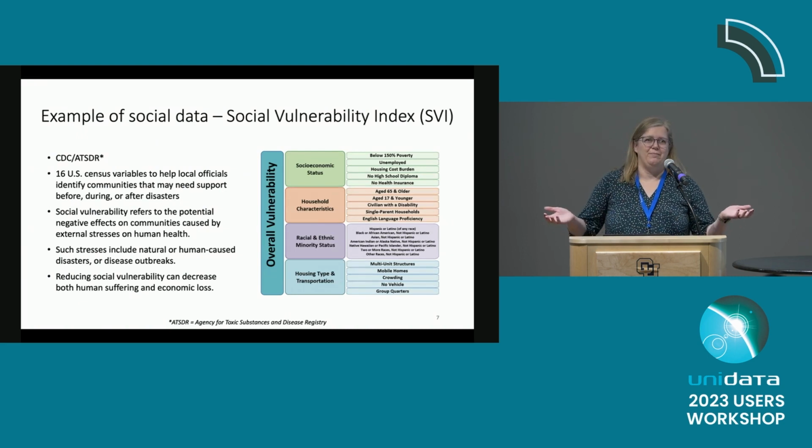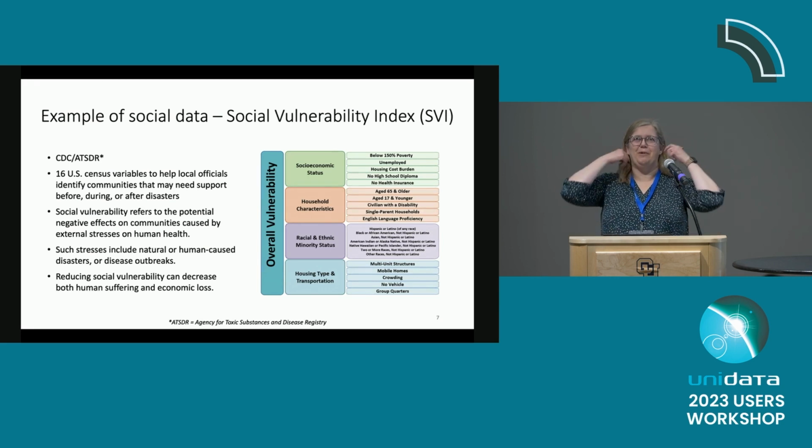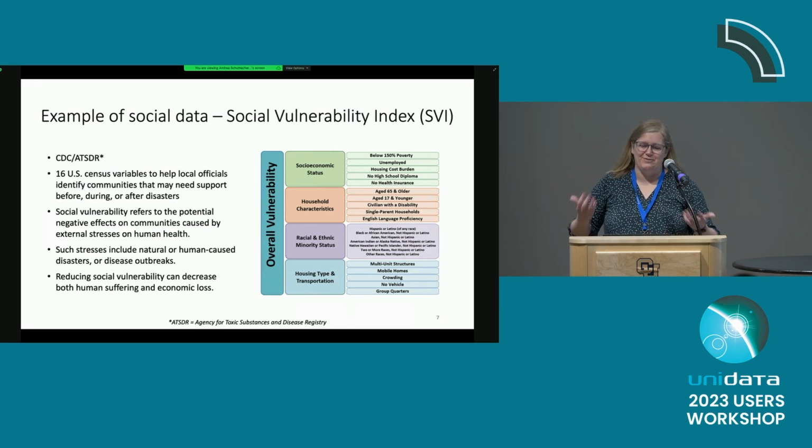I just wanted to show one example, and I thought of what's the easiest example of social data, and really the social vulnerability index was the first thing that came to mind, because it's collected by the CDC, and it uses 16 US Census variables to help local officials identify communities that may need support before, during, and after disasters.